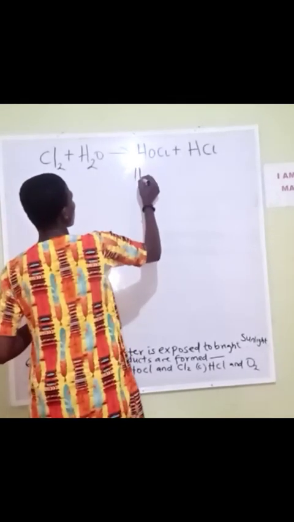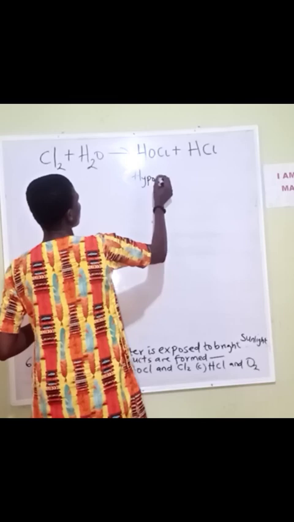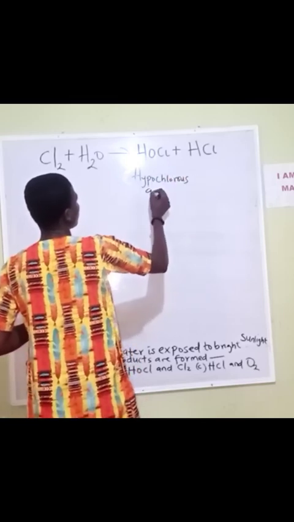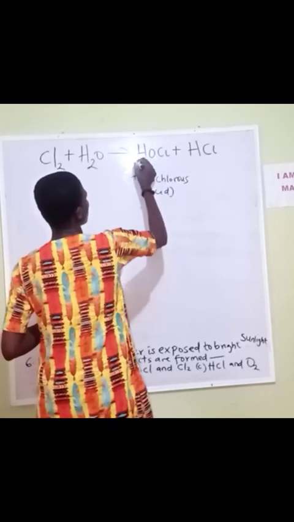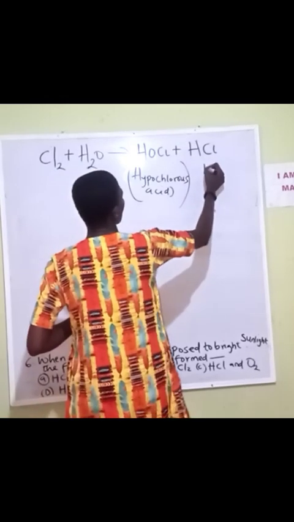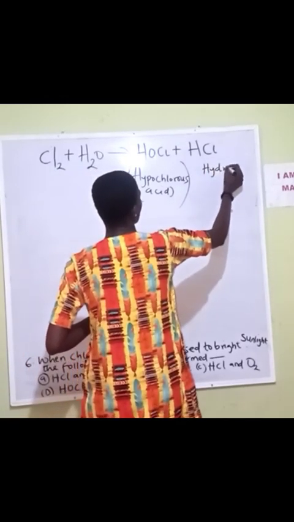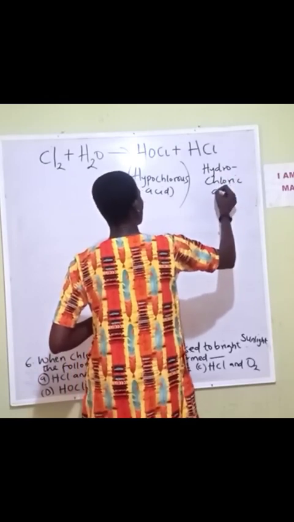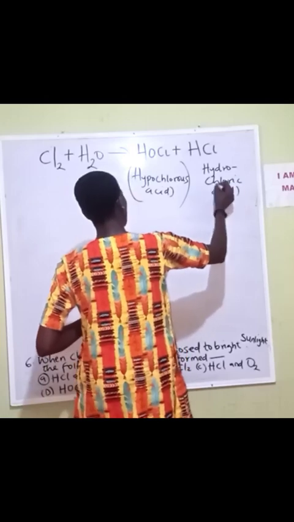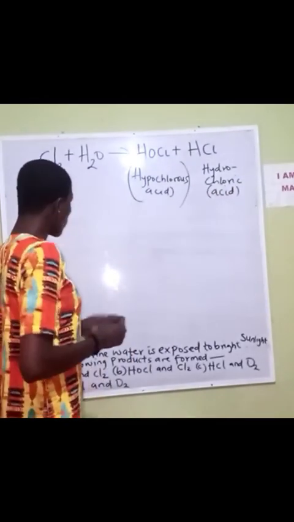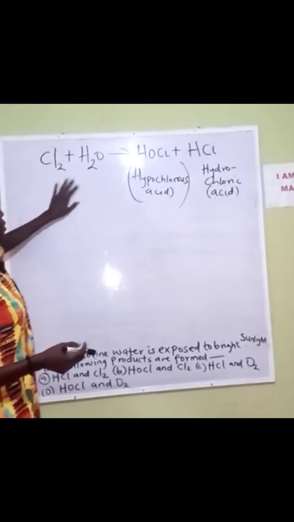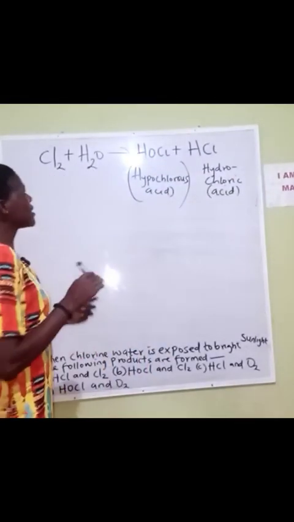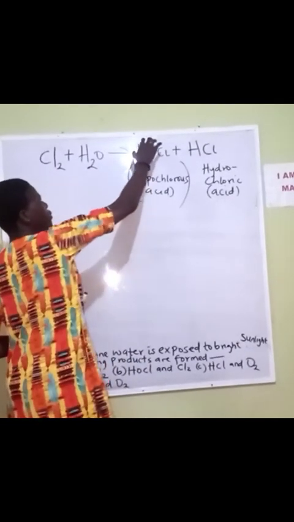That's hypochlorous acid, with hydrochloric acid. So when this chlorine molecule reacts with water, it's going to give us HOCl plus HCl. And please take note, this is a major thing that it forms.